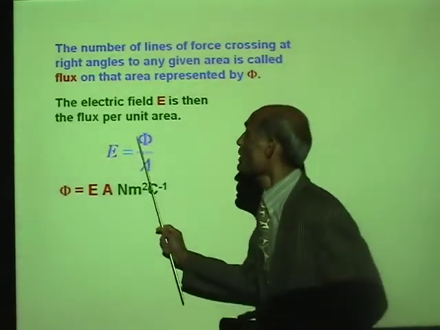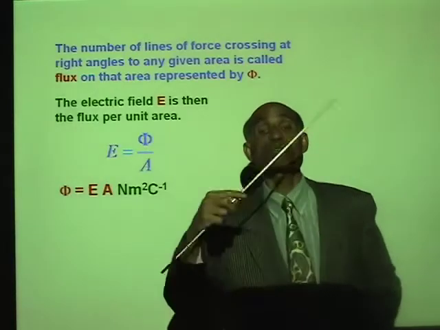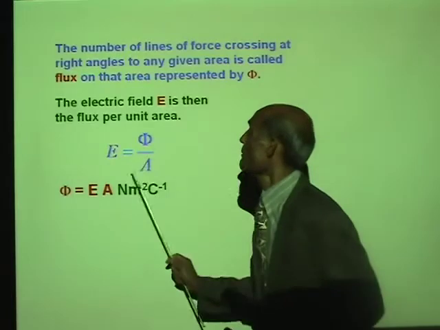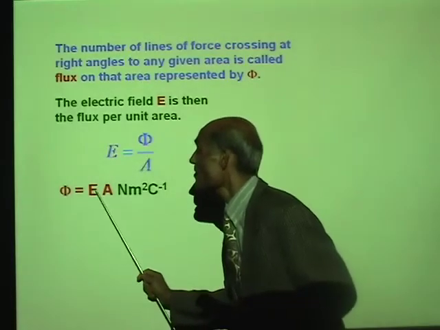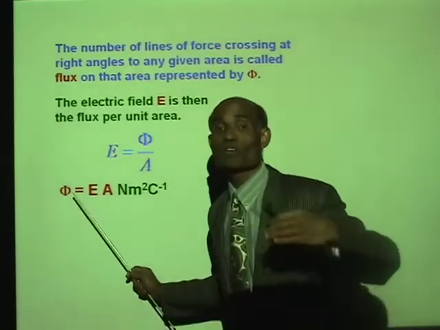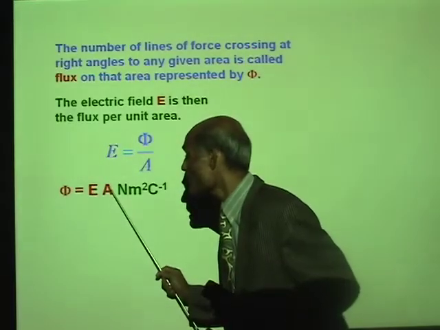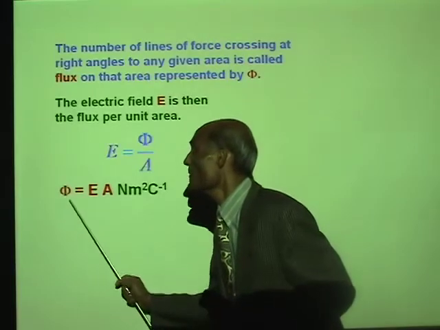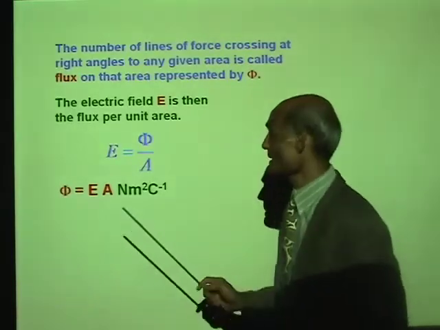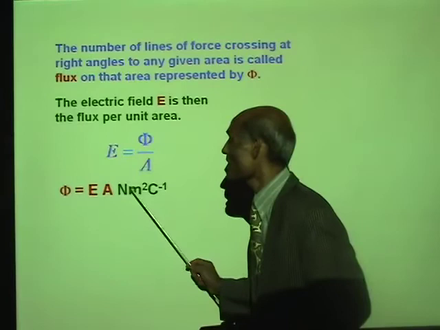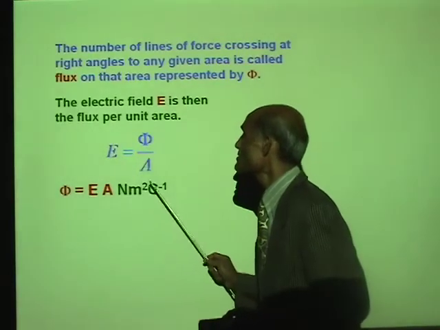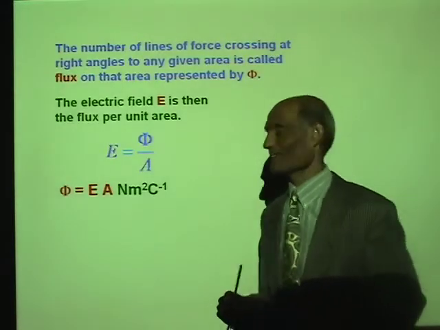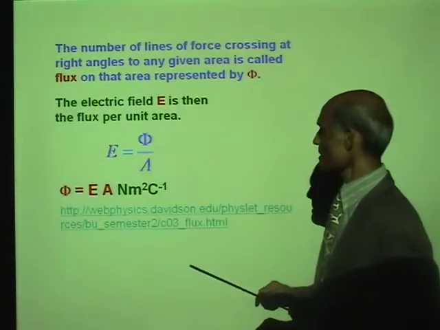And therefore, if I want to calculate the total flux crossing an entire area, what do I do? Electric field is the flux per unit area, so multiply that with the area. So E times A is a measure of the total flux. And what is the unit of the total flux? Newton meter squared per coulomb is the unit of electric flux. Alright.